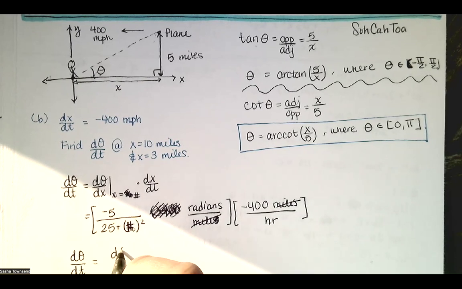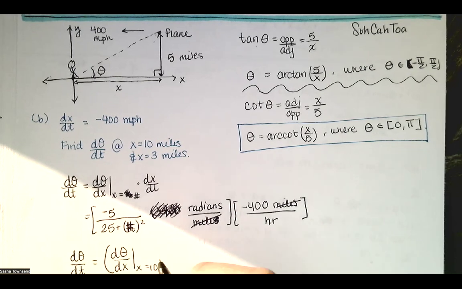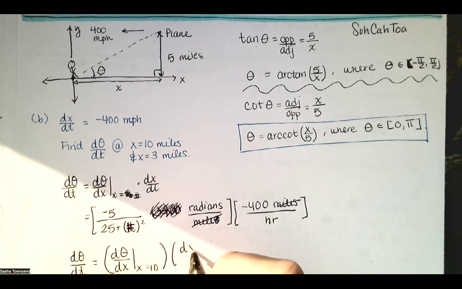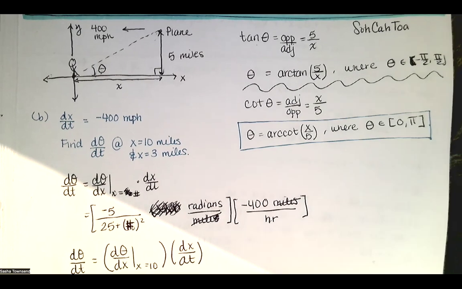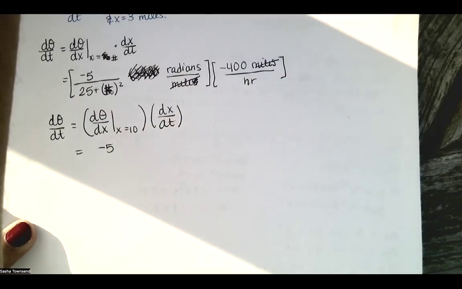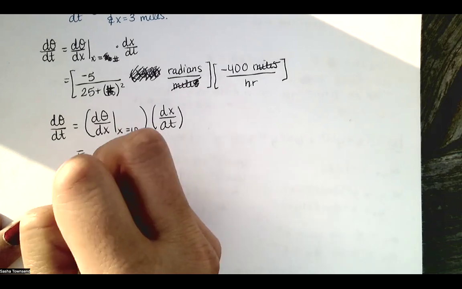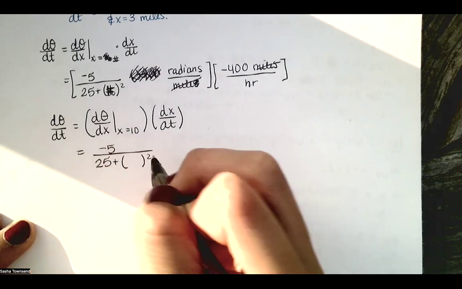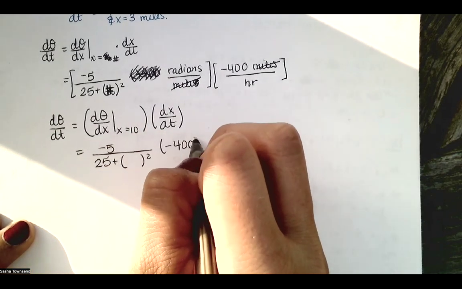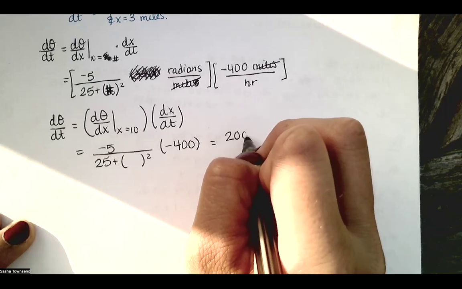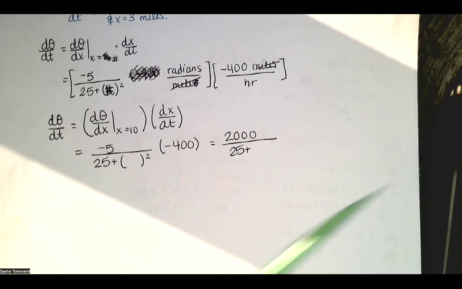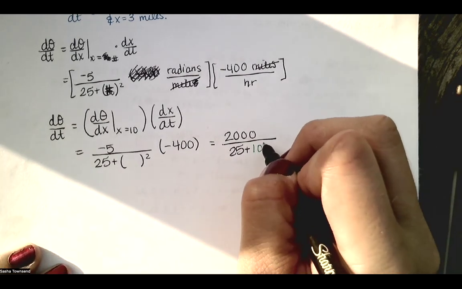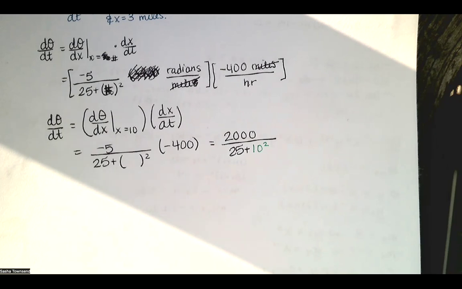We have d theta dx at x equals 10 times dx dt. That's just negative 5 divided by 25 plus x squared times negative 400. So we get 2,000 divided by 25 plus x squared, 10 squared in this case.